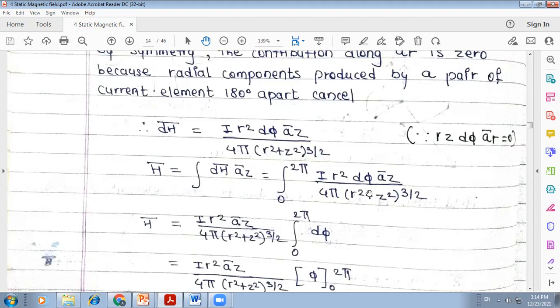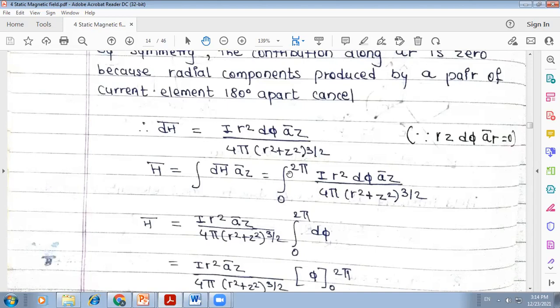Angle phi varies from 0 to 2 pi, and the component Z varies from minus infinity to plus infinity. As the variable here is phi, it varies from 0 to 2 pi.